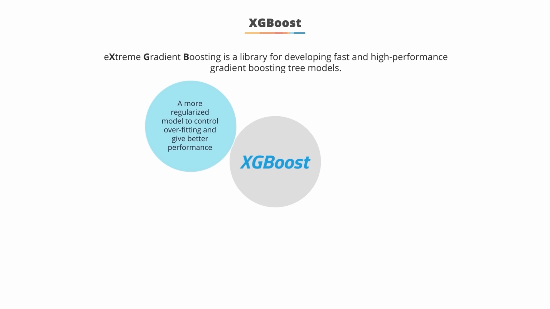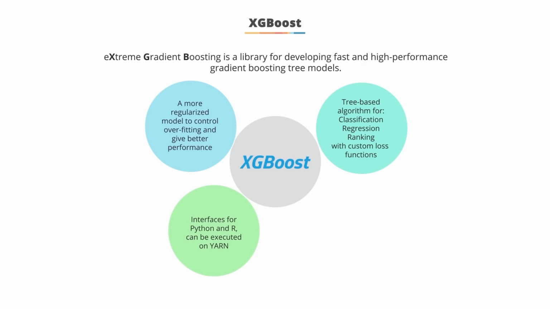Thus, it helps to reduce overfitting. Extreme gradient boosting is a custom tree-based algorithm used for classification, regression, and ranking with custom loss functions. It has interfaces for Python and R and can be executed on Yarn. XGBoost is extensively used in ML competitions as it is almost 10 times faster than other gradient boosting techniques.